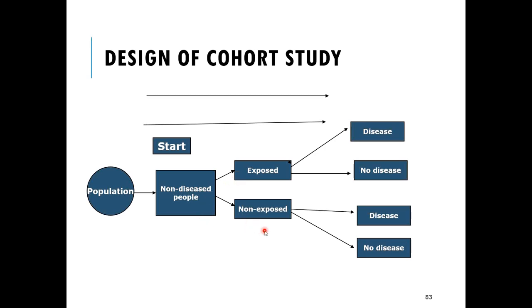After 10 or 15 years of follow-up, you will see, of those who were taking oral contraceptive pills, how many developed breast cancer and how many did not. And of those who were not taking oral contraceptive pills, how many developed cancer and how many did not. Fine. This is the study design of a cohort study.